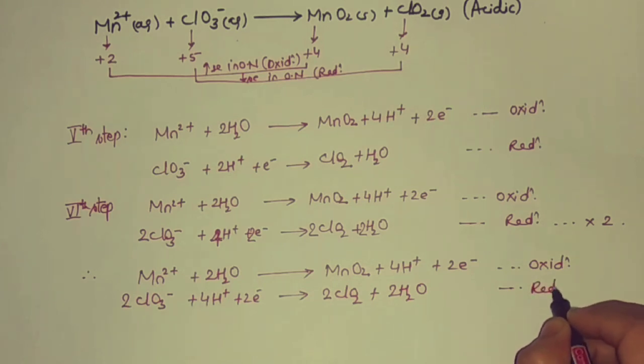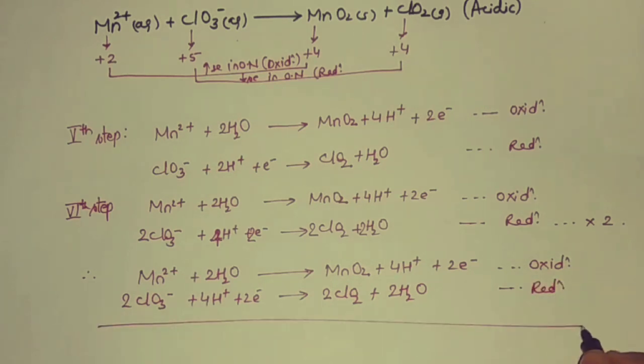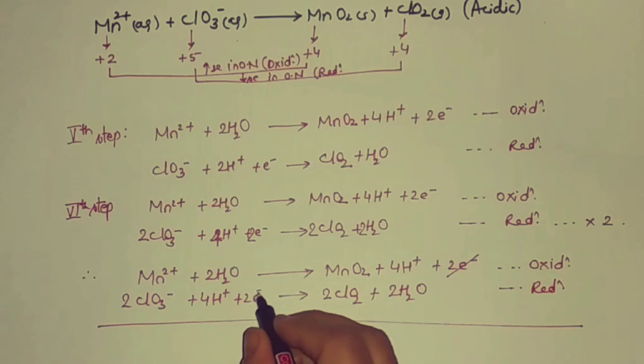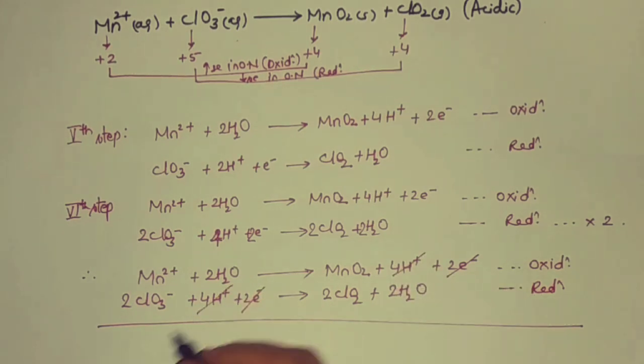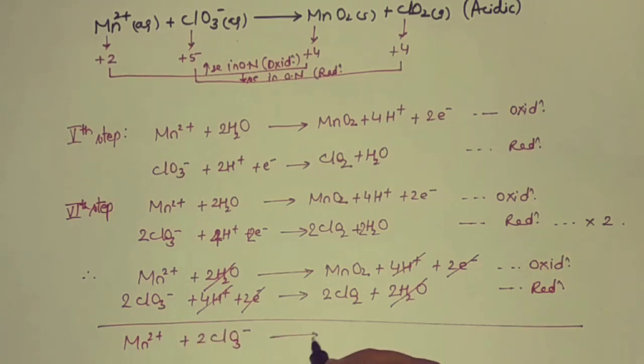That is reduction. Now let us cancel out the 2 electrons, the 4H+ ions, and the 2H2O. So the overall equation we get is Mn2+ plus 2 ClO3- will give you MnO2 plus 2 ClO2. This is in acidic medium.